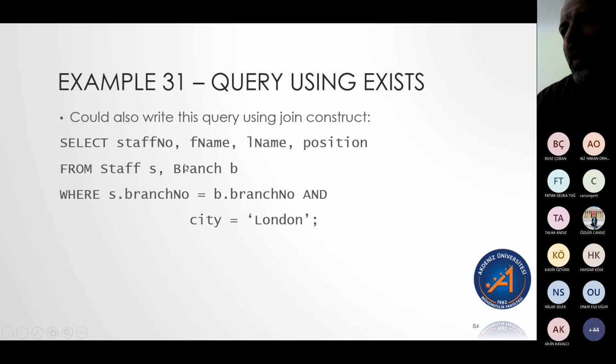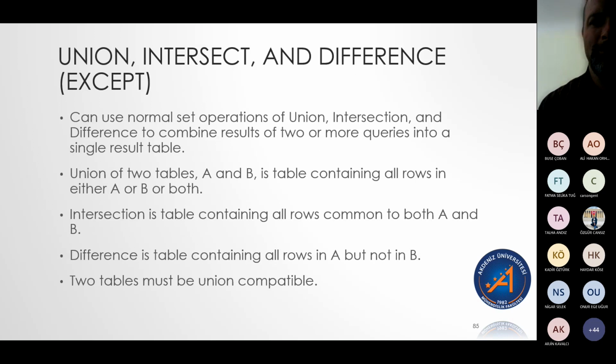So here, instead of using the exists keyword, we just join the two tables. And now, if a staff person works in a branch that's not London, they won't be part of this result. Branches that are not in London are filtered out, and therefore all staff who work at those branches are filtered out.